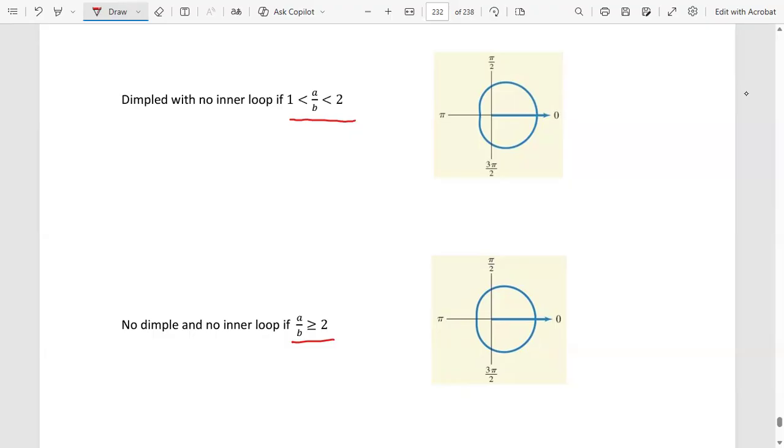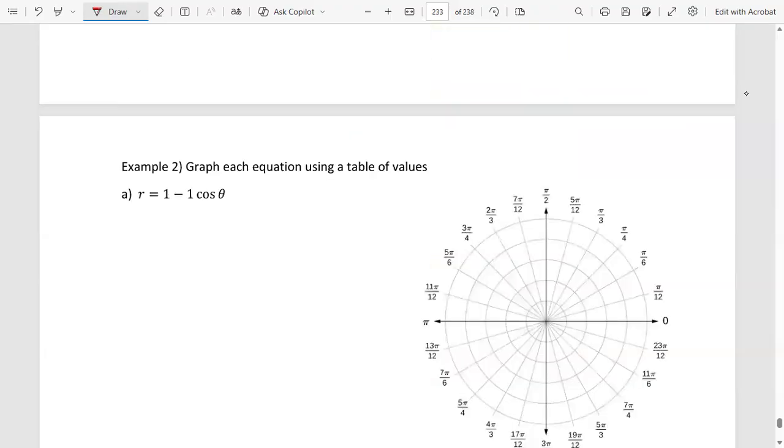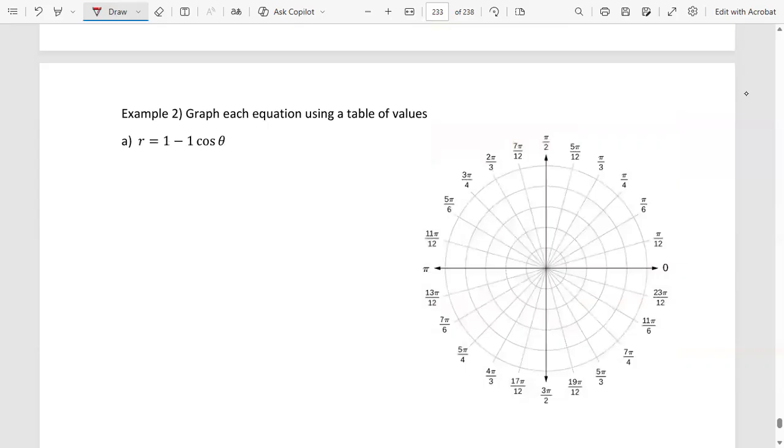Let's look at examples. We want to graph this equation: r = 1 minus 1 cosine theta. This equation tells me that it's the equation of a limaçon, in which a is 1 and b is also 1. If I find the ratio of a over b, dividing 1 by 1, I get 1.